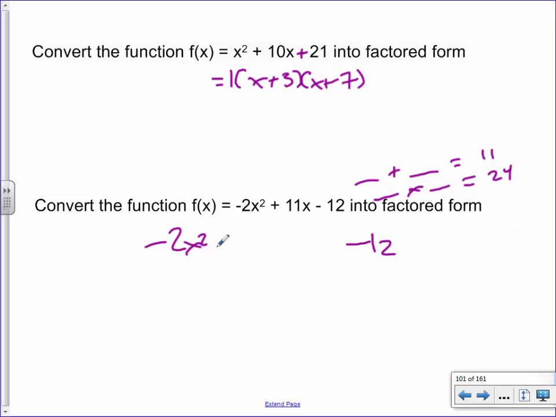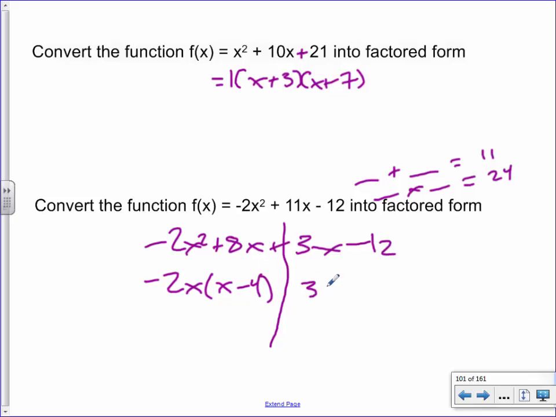That'll do it. And then you cut this thing in half. And it gives you minus 2x. And you'd have x minus 4. And you'd factor out a 3. That should give you x minus 4, shouldn't it? So as a factored form, it's minus 2x plus 3 and x minus 4.